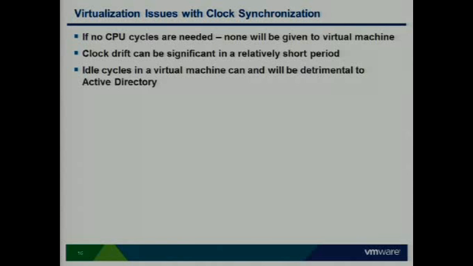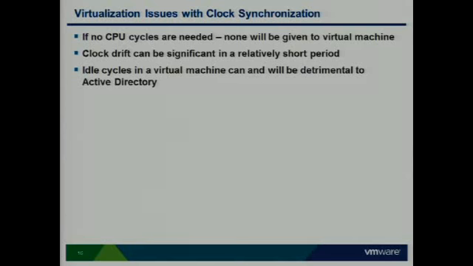The challenge becomes that when you run an operating system inside of a virtual machine, which only gets CPU cycles when it demands them and is not granted CPU cycles when it doesn't need them, then those timer ticks aren't getting processed. And if those timer ticks aren't getting processed on a regular basis, they begin to queue up.